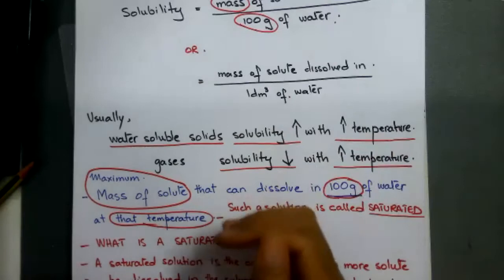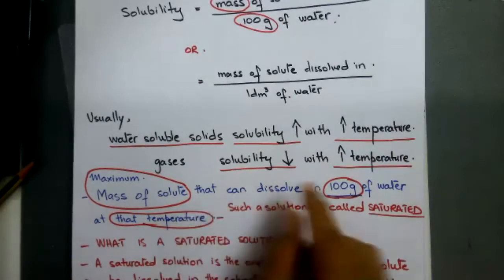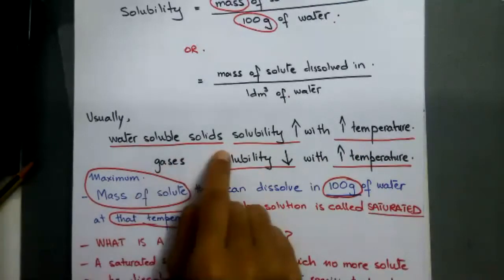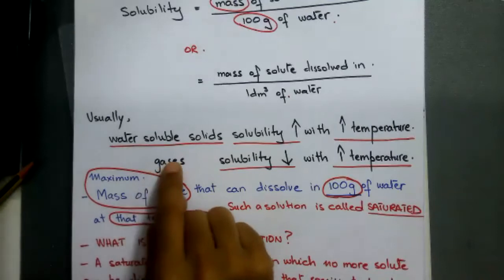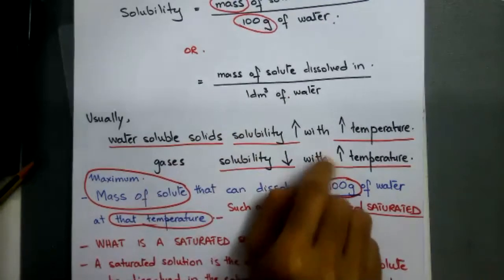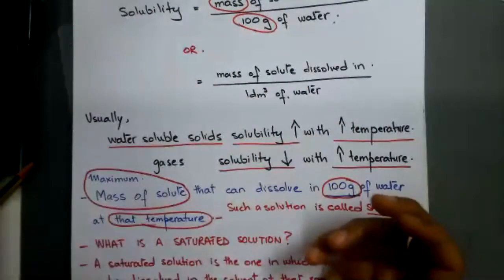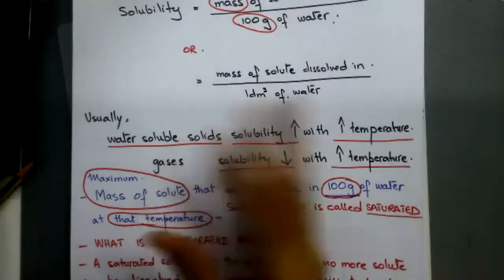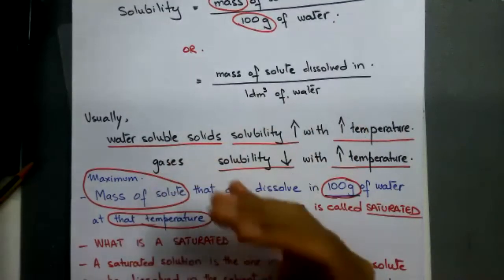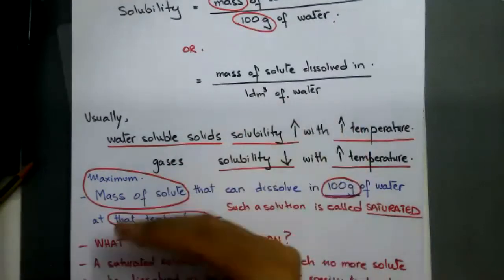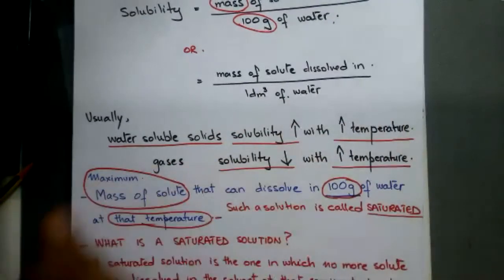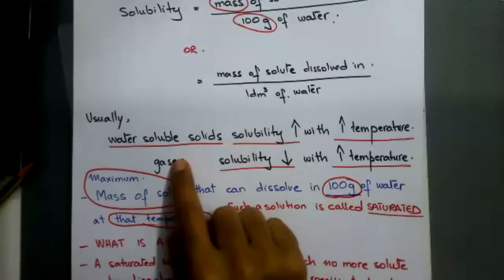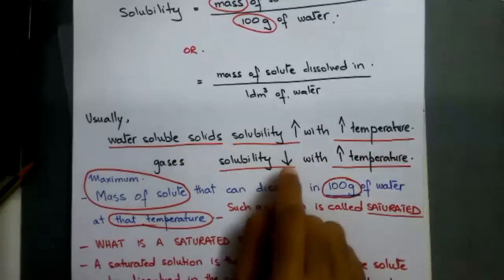If you have any gases already in the water and you increase the temperature, when you give them further energy, they will move even farther away from each other, their density will decrease even more, so much so that they will escape. That is why when the temperature increases, the gases escape out and their solubility decreases.